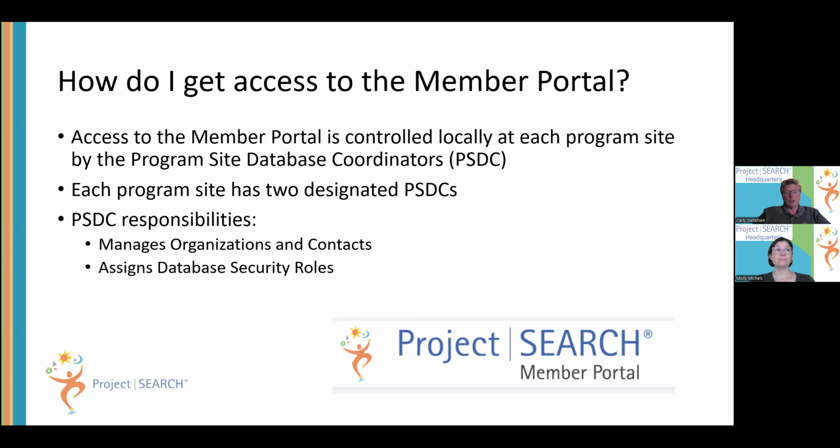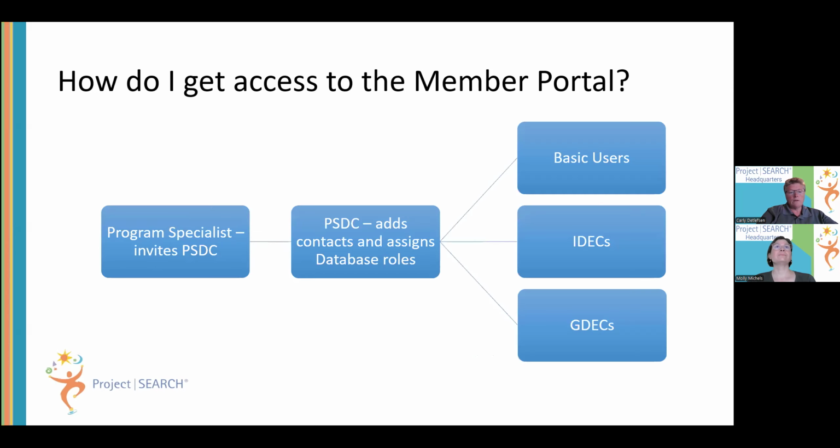We'll assign the two people that the team wants as the program site database coordinators. And then from that point on, the program site database coordinators can then enter partner organizations and enter contacts into the member portal, and can also assign any of the other database roles within the portal. So the program specialist is going to basically enter some people into the portal.